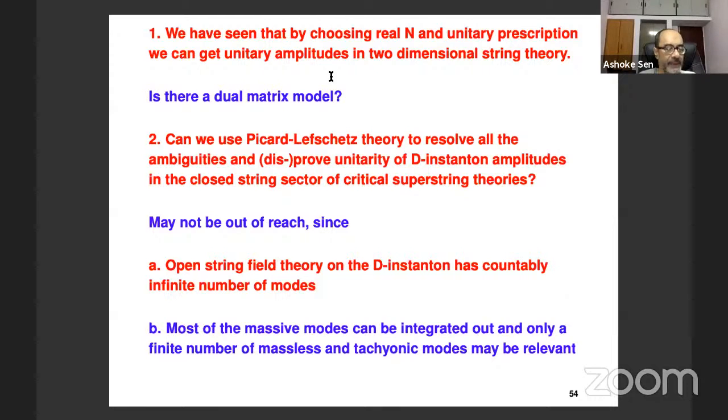Well, see, if somebody had given you the open closed string field theory and didn't tell you that these are coming from D-instantons, then you might be led to believe that these are asymptotic states. Even though the fact that you have no energy conservation already tells you that something is wrong. But for D-instantons, we of course certainly know that there is no energy conservation at the vertices, and you also know the reason.